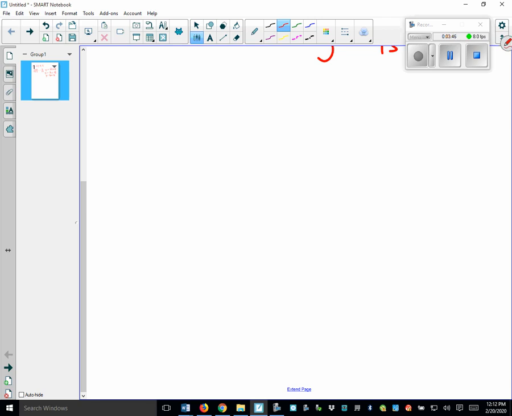All right, now, I have a line that goes through this point, and it is perpendicular to this.